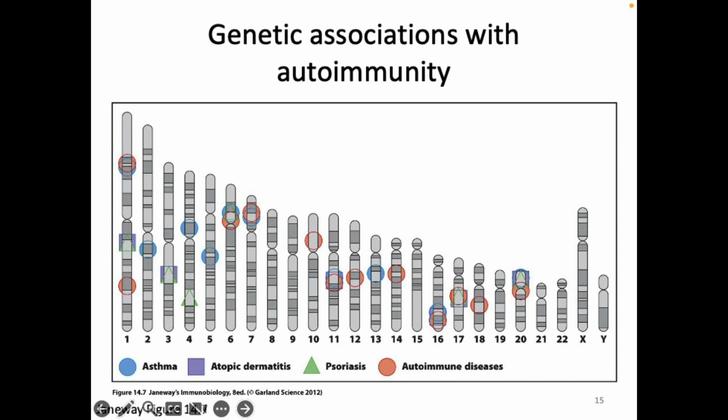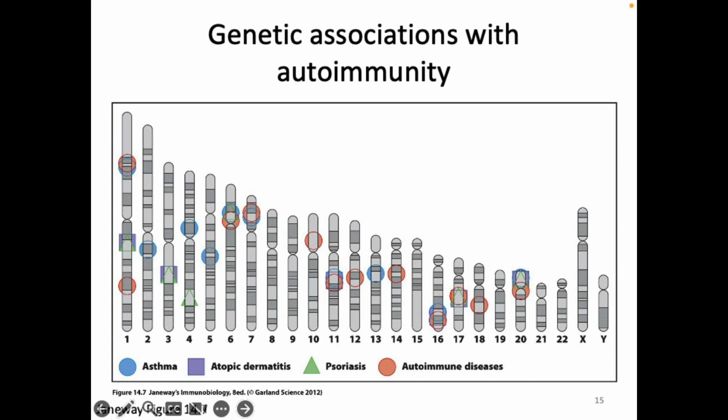And in fact, in some cases with allergy as well. Some of these are shown as allergy. And so here you see all of the human chromosomes, and you see different little shapes and colors indicating different places in the human genome that have been statistically associated with one of these different diseases.